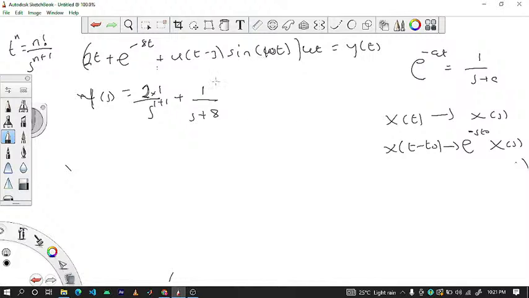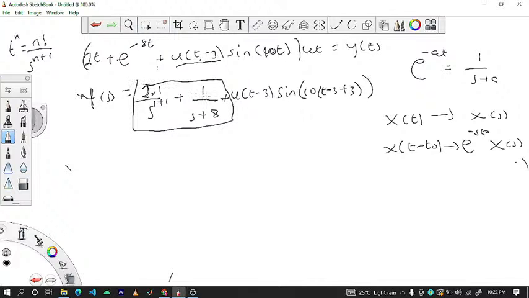But to solve this, you have to make sure that everything this is multiplying will also have a t minus 3, which means that this u of t minus 3 will be multiplying a sine of 10t. So the t you change to t minus 3 plus 3. You've just added and subtracted, so you've not really done anything to it. Now from here, this part everyone knows, so we can take this part out and continue with just this part.